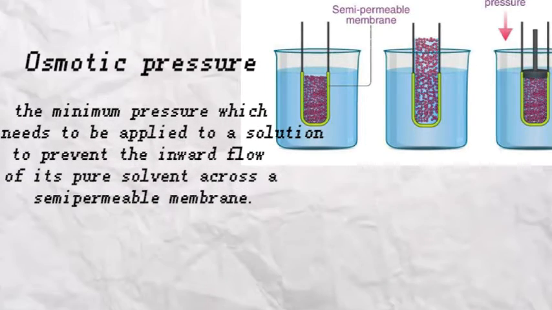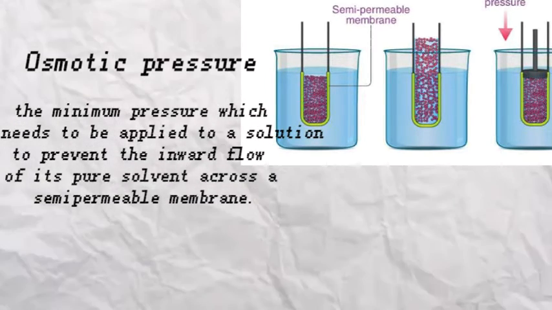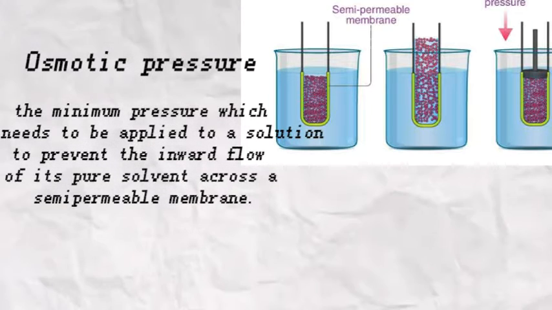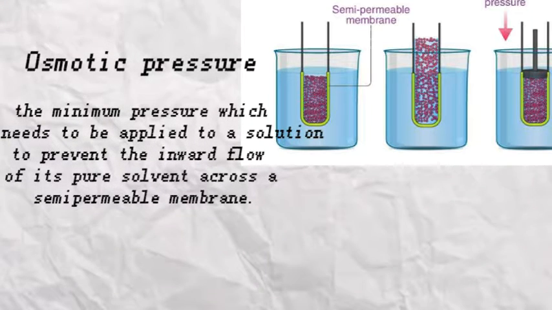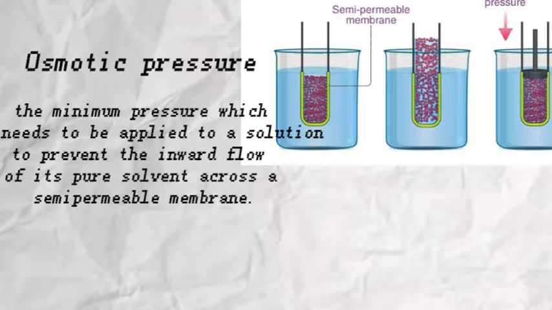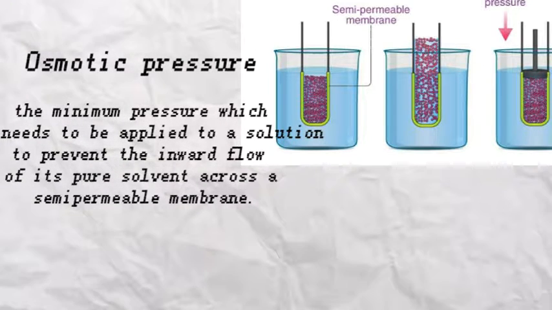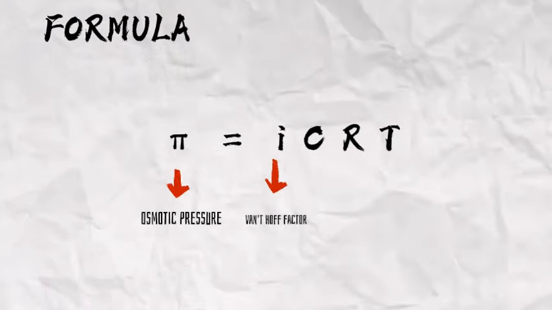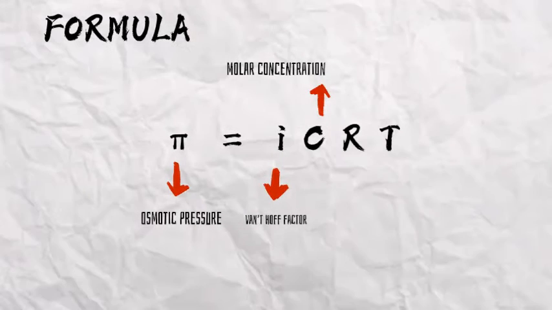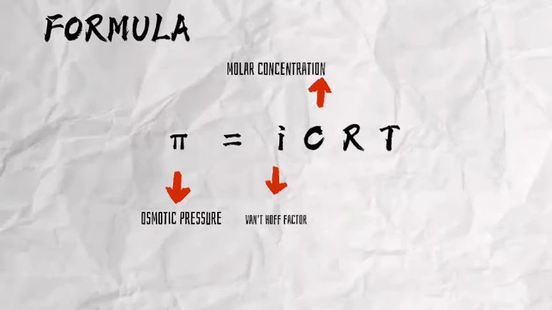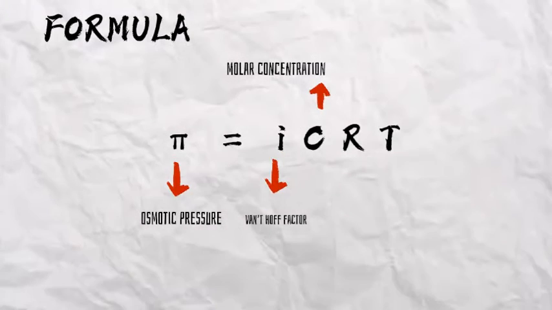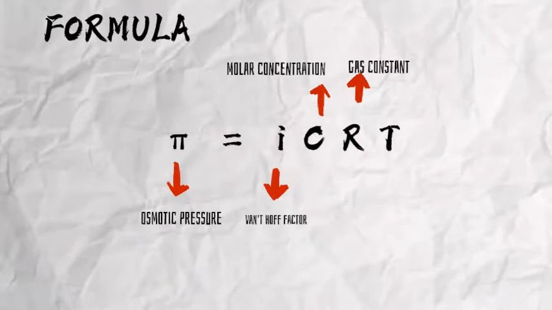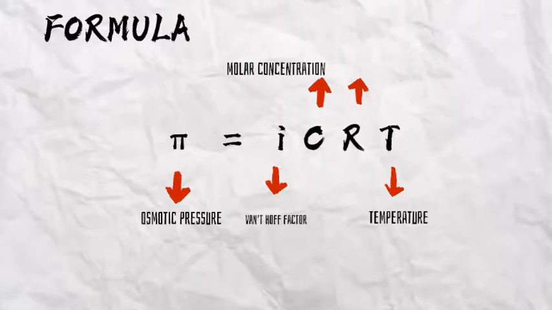Osmotic pressure is the minimum pressure which needs to be applied to a solution to prevent the inward flow of its pure solvent across a semi-permeable membrane. Here is the formula to calculate the osmotic pressure, where pi is the osmotic pressure, i the van't Hoff factor, C the molar concentration of the solute in the solution, R the universal gas constant, T the temperature.